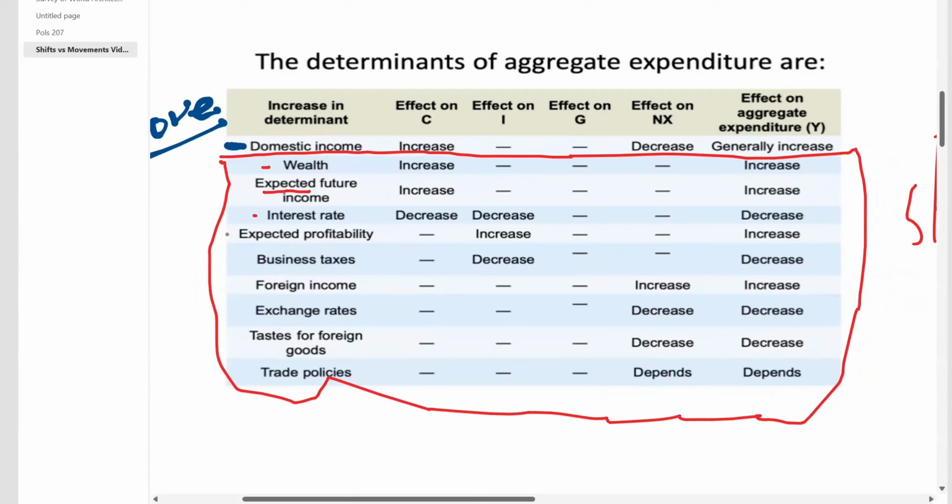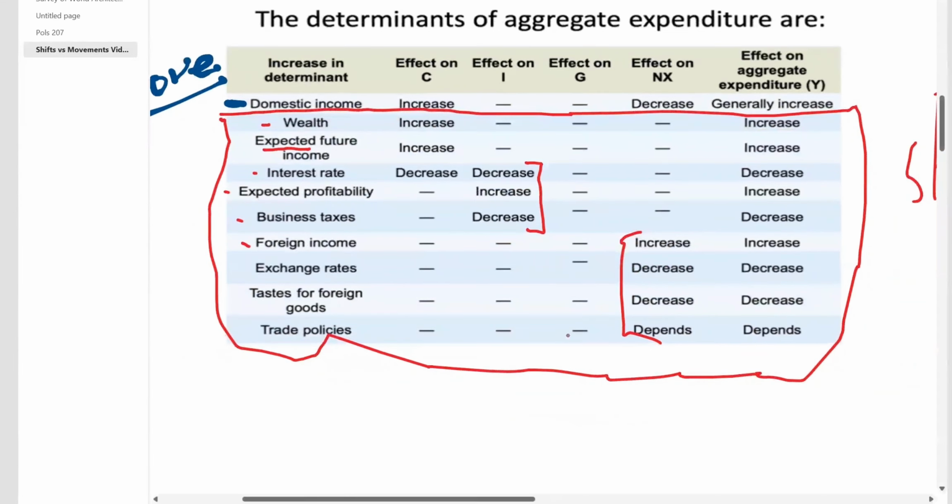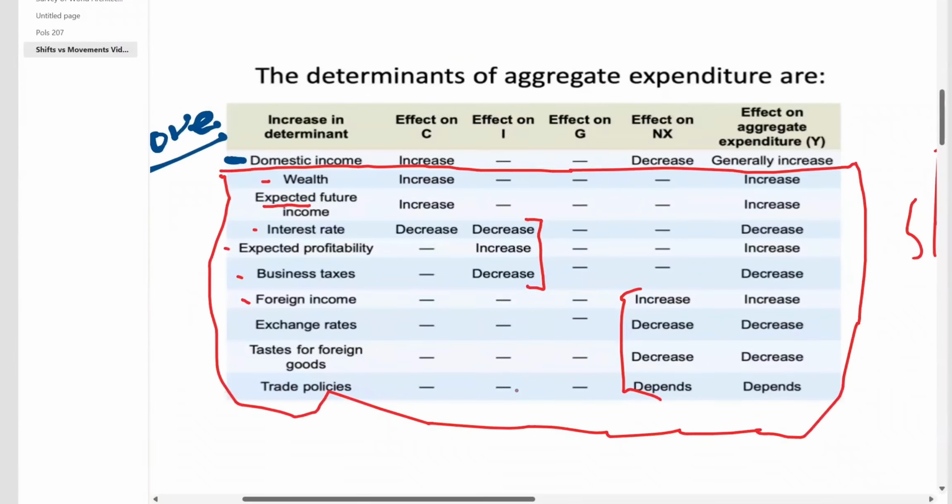So interest rate, profitability, business taxes, foreign income, these all affect other factors. Here we have investment, and all of this is net exports. It doesn't have an example here, but for government expenditures, it would just say government decreases spending. These are all the factors that move and shift the PAE.